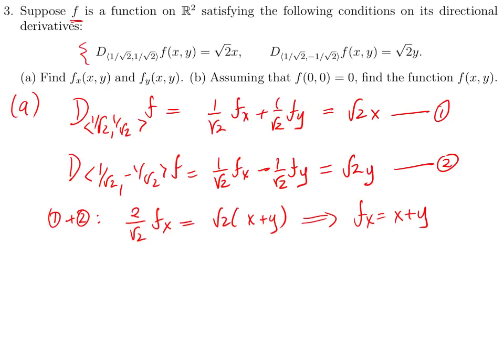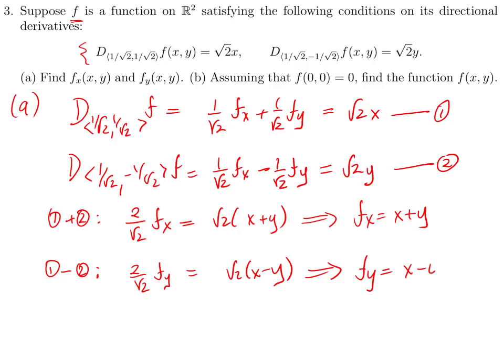And for the second part, you can just sort of eyeball it. If you subtract the second equation from the first, equation 1 minus 2, then you get 2 over square root 2 fy equals square root 2 x minus y, and so fy equals x minus y. Okay, so that was pretty easy.